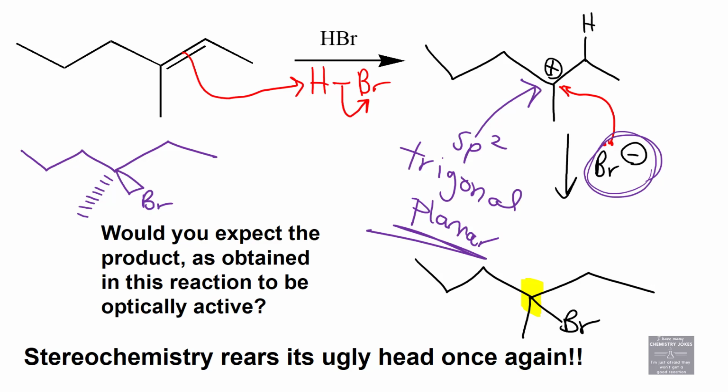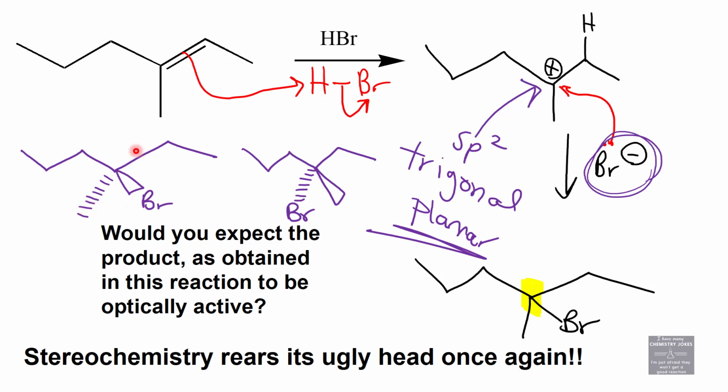but bromide could have also approached from the other side, as in the back side. It's a trigonal planar thing, the top or the bottom, and push the methyl the other direction. Again, you could have dashed and wedged different things there than I did, but I often do it like this.